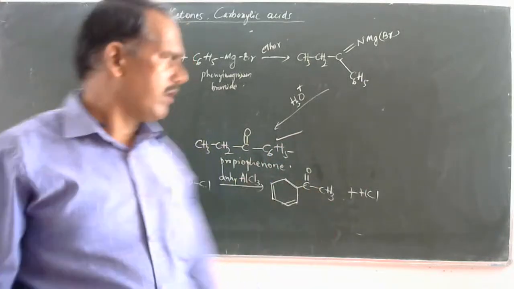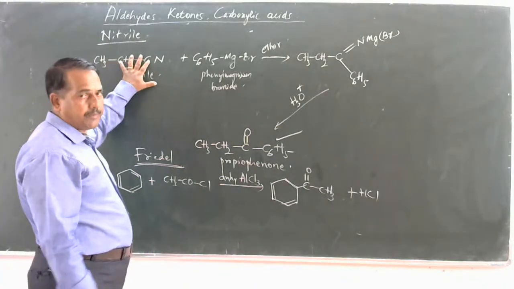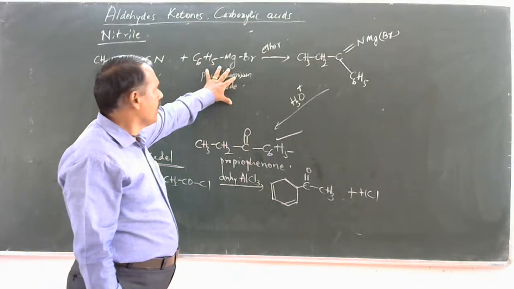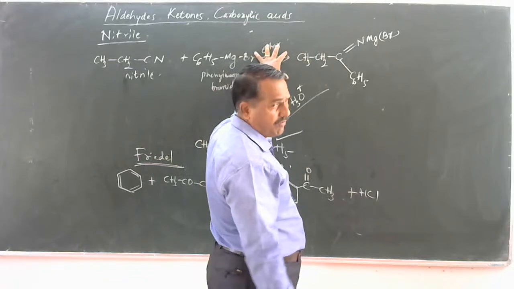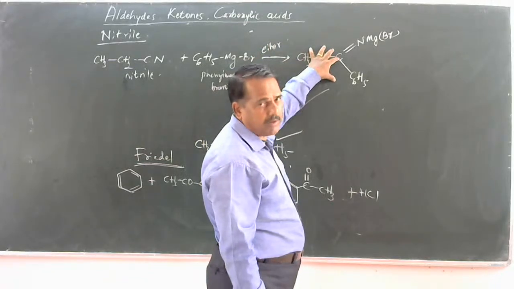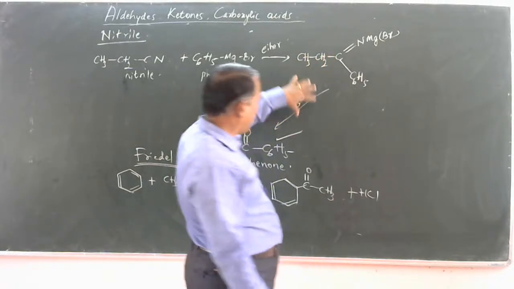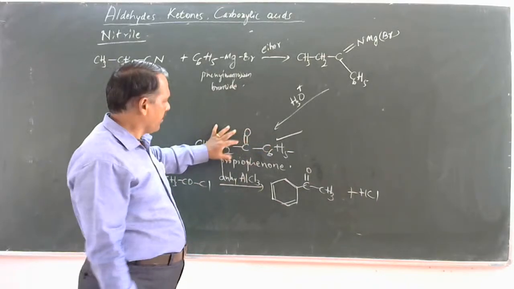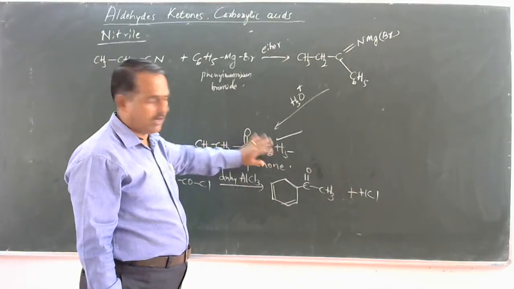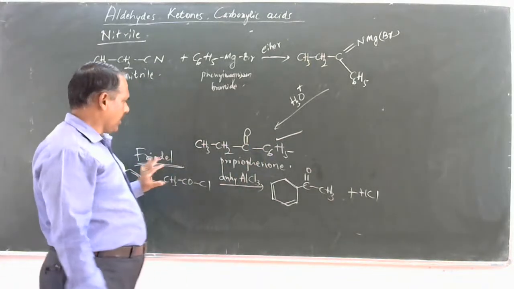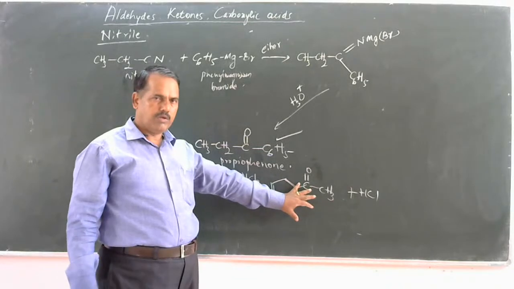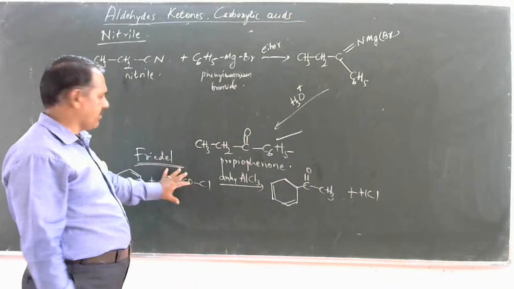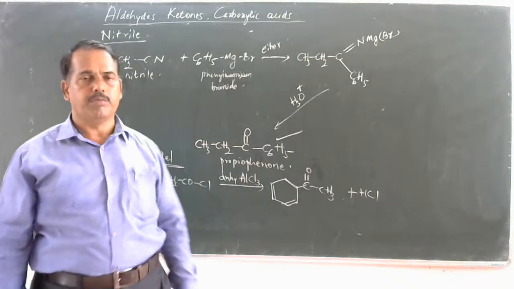When nitriles are treated with phenyl magnesium bromide in the presence of ether, an intermediate is formed. This intermediate on acid hydrolysis will give a ketone. So propiophenone has a benzene ring. Again, acetophenone, C6H5COCH3, is obtained by treating benzene with acetyl chloride in the presence of anhydrous aluminum chloride.